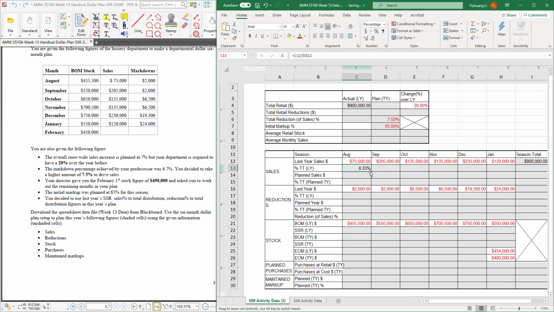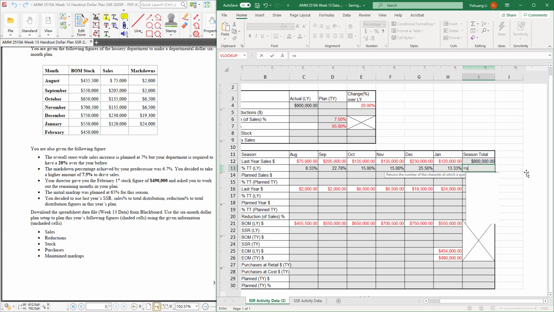And we can drag it through the row. And we can verify if this row of percentages adds up to 100% using the formula. Because in theory, with all 6 months added, we should have 100% here.